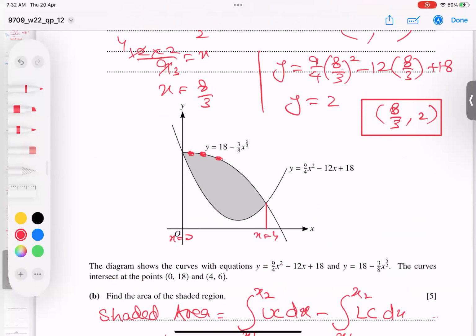Look at it moving along the curve. What is going on? The x value is changing, here x, here x, and in the same way y also changes. So as x changes, y also changes.